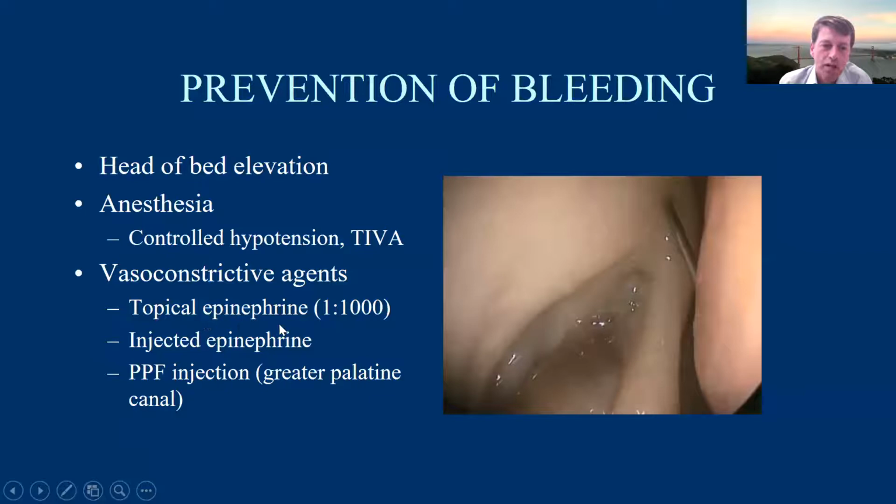One warning with this, the 1 to 1,000 epinephrine can be fatal if injected. So it really needs to be utilized very carefully. You need to have an ironclad system if you're going to use this medication in your operating room to ensure that it's only used for pledgets.